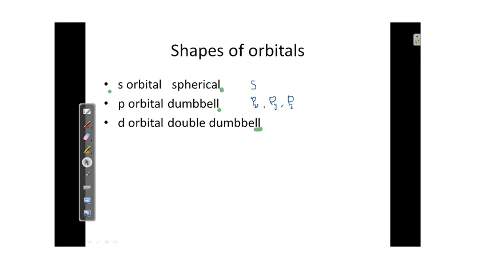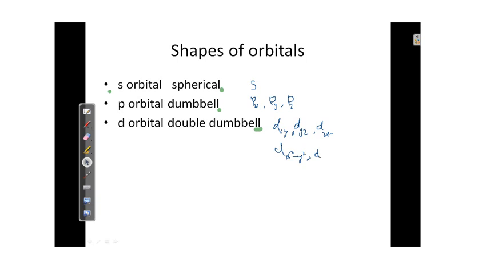Now coming to the D orbitals, there are 5 orbitals. What are those? dxy, dyz, dzx, dx square minus y square and dz square.